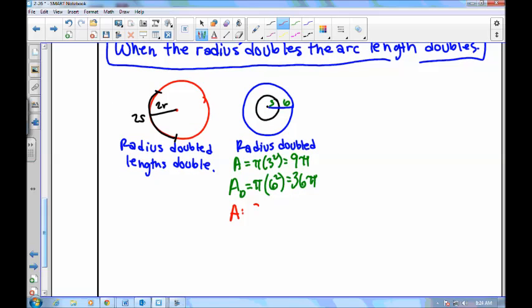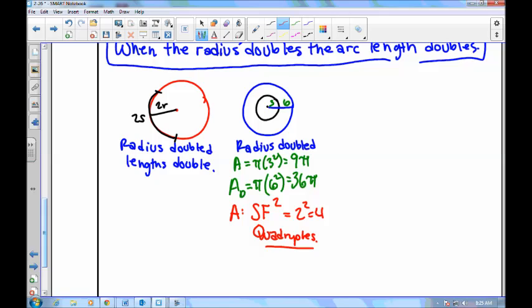If you take the scale factor and square it, in our case, if the radius was getting 2 times larger, so our scale factor is 2 squared, we get 4, which means the area quadruples. If, say, our radius got 3 times larger, it's not going to quadruple anymore. What's 3 squared? 9, so we get 9 times larger.